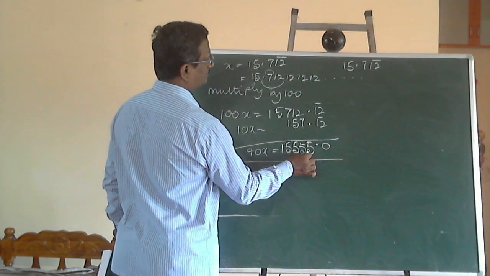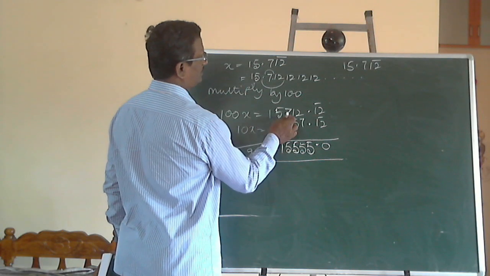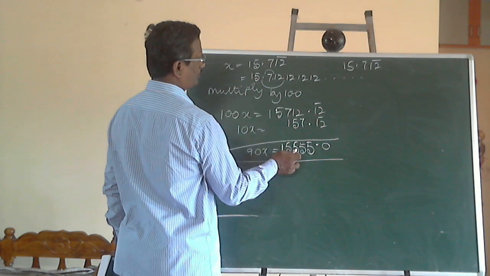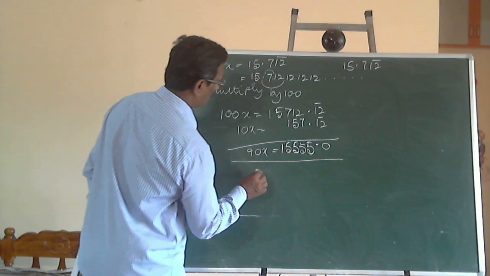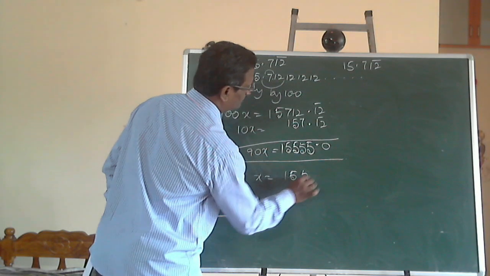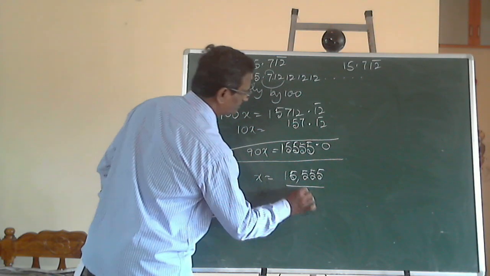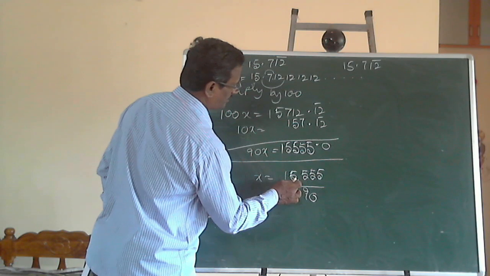Therefore, x is equal to 15,555 divided by 90.